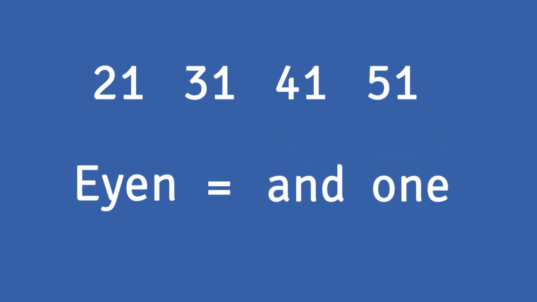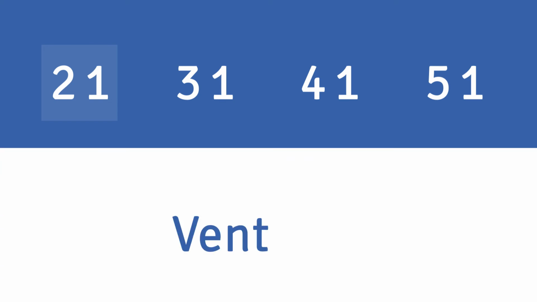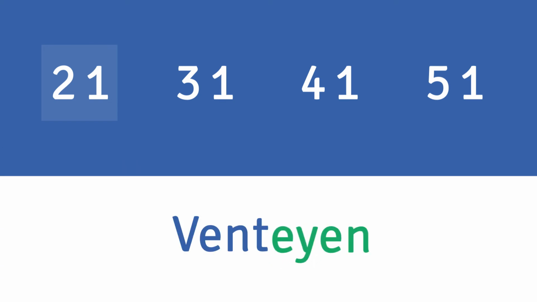From 21 onwards and every 10th number after that, the numbers end as Haitian, which literally means and 1 in English. Therefore, 21 in Creole is not pronounced as 20 1, but it is pronounced as 20 and 1.